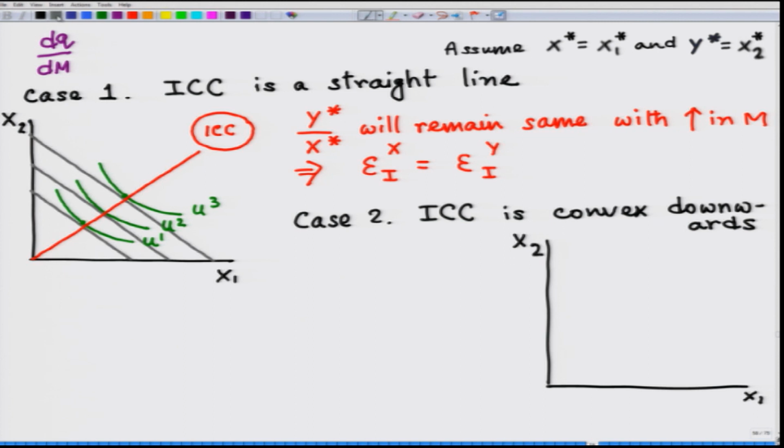So we have these budget lines one after the other, all parallel to each other, and then we have the tangencies between the indifference curves and the budget line in such a manner that the equilibrium points lie on a curve with increasing slope.